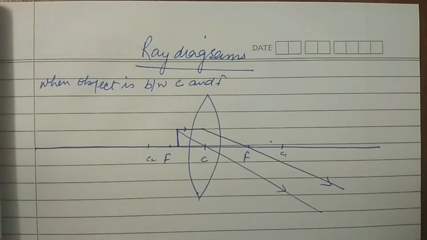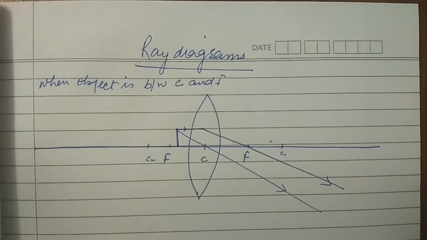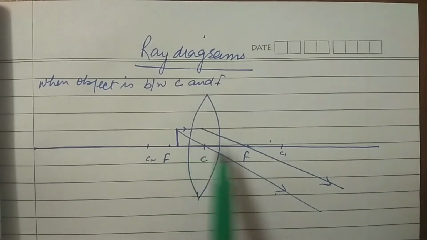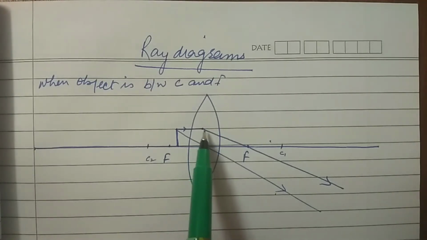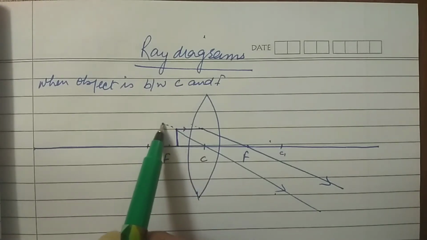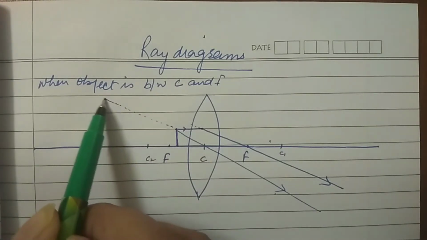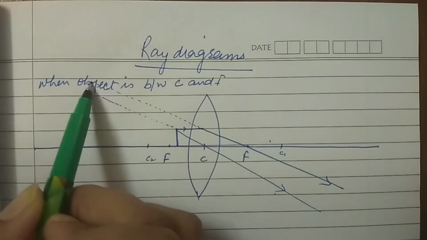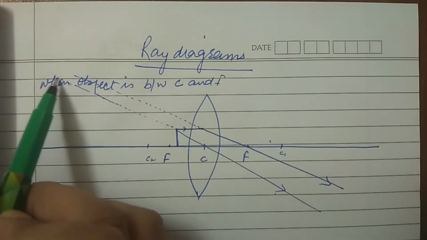And we know that where these two rays meet, we will get the image. But now we can see both of these two rays are divergent, so they will never meet at any point when you extend them. So in this case, you have to extend them in the backward direction, and you will find the point where these two rays appear to meet.